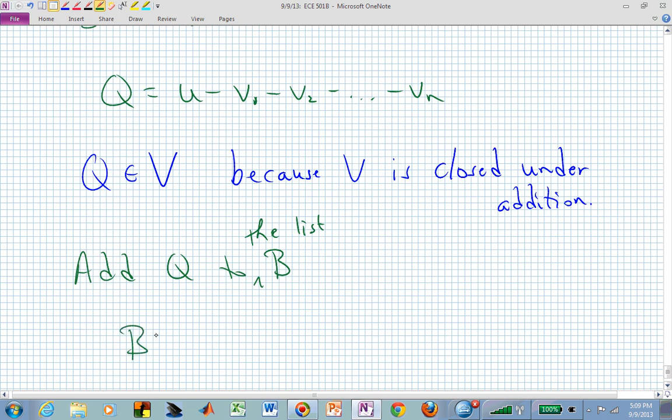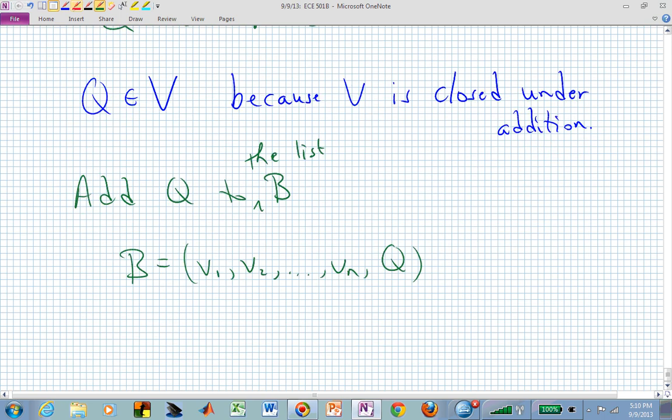So that now B, this is like some MATLAB routine where we just keep adding on. We just concatenate it onto the tail of a vector. We just keep growing this list. We now have B defined to be V1, V2, V sub n, and Q. Now what would be nice?